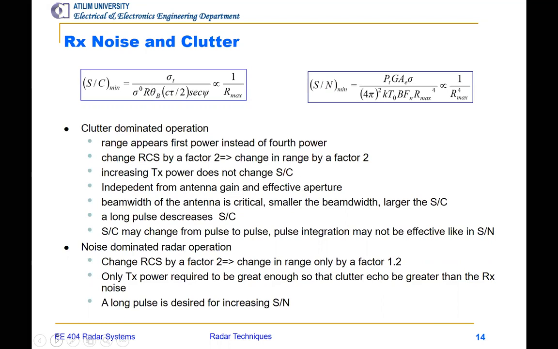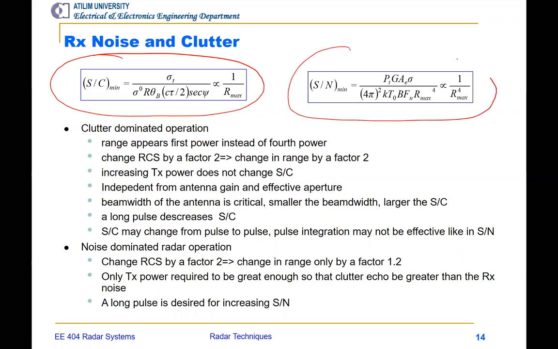There may be two different cases. If the clutter is a limiting factor, then we can talk about this equation. If the noise is a limiting factor, we talk about this equation. So we then talk about two cases, clutter-dominated operation and noise-dominated operation.